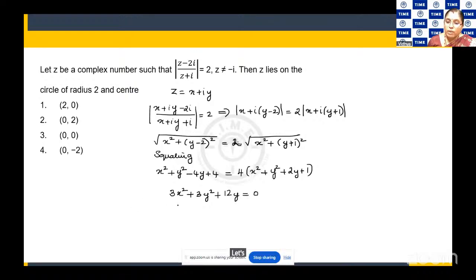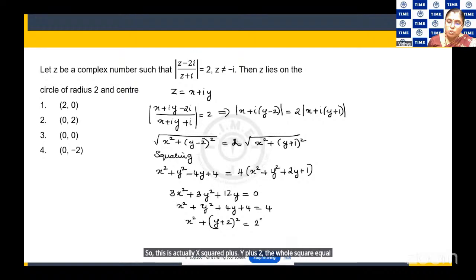Let's divide the whole equation by 3. So we get x square plus y square plus 4y. Let's just add 4 on both sides of the equation so that we can complete the square. So this is actually x square plus (y plus 2) the whole square equal to 2 square, right?